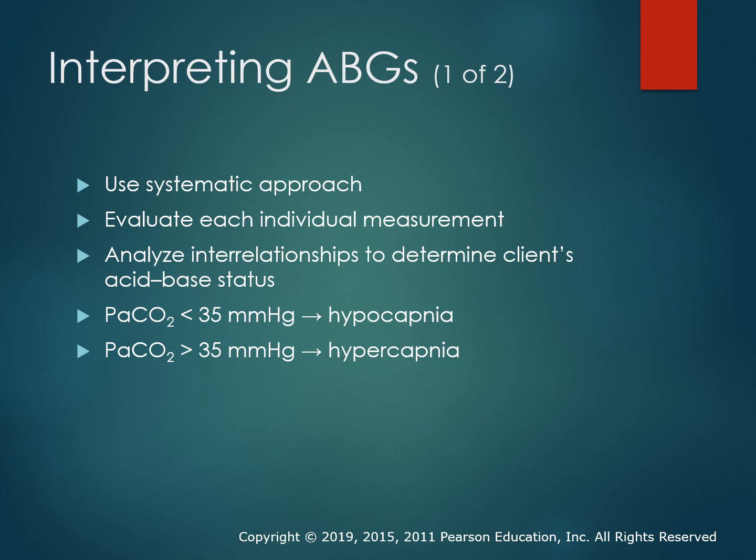Again, I think there's a mistype on this slide. Look on page 10. It says the normal value is 35 to 45. PaCO2 less than 35 is known as hypocapnia. PaCO2 greater than 45 is known as hypercapnia, and your slide here says greater than 35. That is incorrect. It is greater than 45, so please make that note.